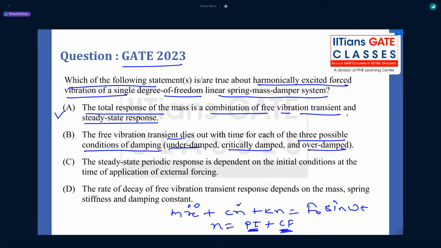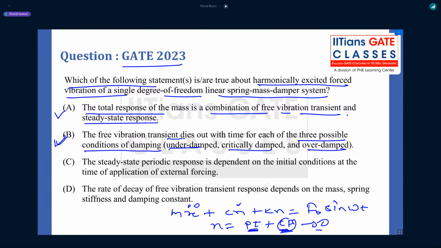After some time, this free transient part dies out, meaning your system comes to rest if it is only under damped free vibration, or you can say this part will become zero. But theoretically, the system will not come to rest. Here they have not mentioned that, and they told B is also correct. Yes, B is correct. Practically, the system will come to rest under damping.